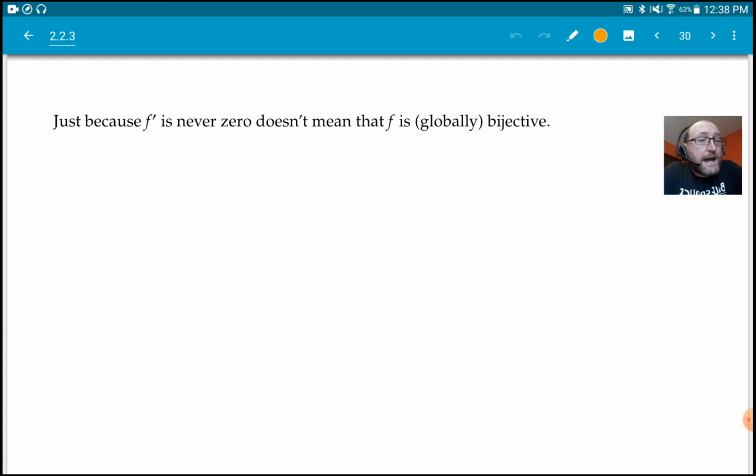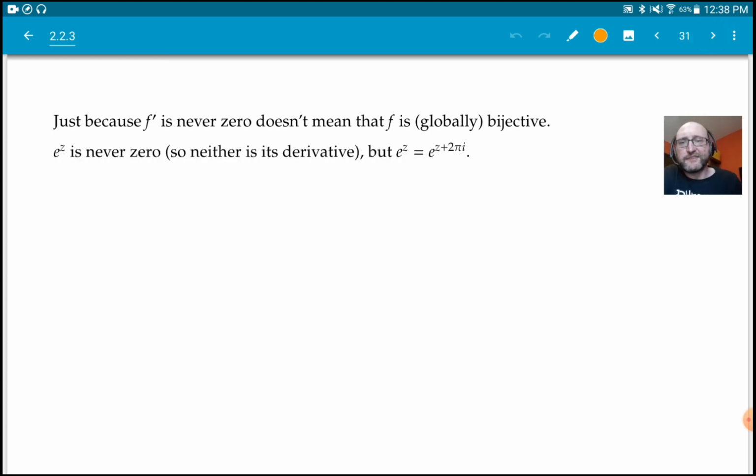Now, just because the derivative of some function is never zero doesn't mean that it's globally bijective. The simplest example is the exponential. The derivative of the exponential is itself, and that's never zero. But it's not one-to-one.